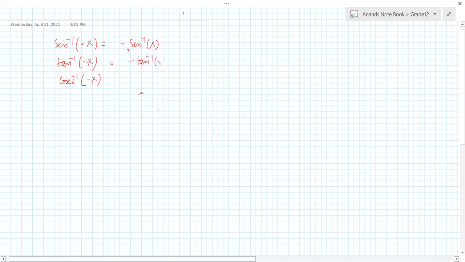Why? What was the condition for that tan one? X should be greater than 0. Okay, so thank you. 1 by x means x cannot be 0. For cos inverse of minus x will be simply cos inverse of x.